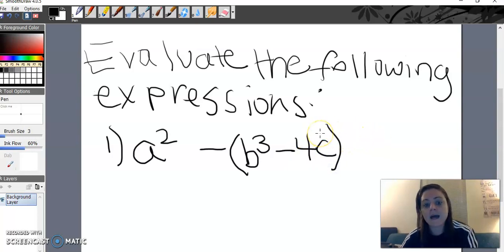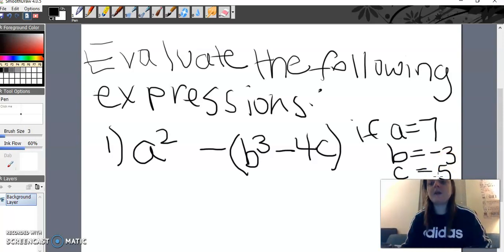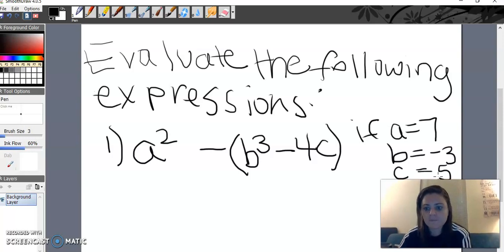And then that's your algebraic expression, but then it's going to tell you if a equals 7, b equals -3, and c equals 5. So what you're going to need to do, you're going to plug these numbers in where you see the letters.